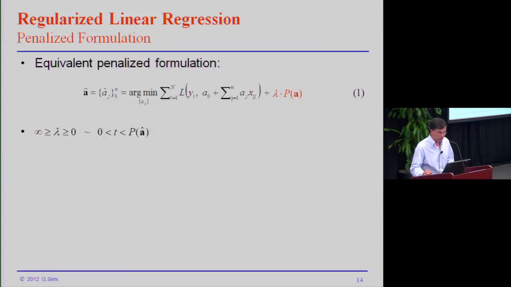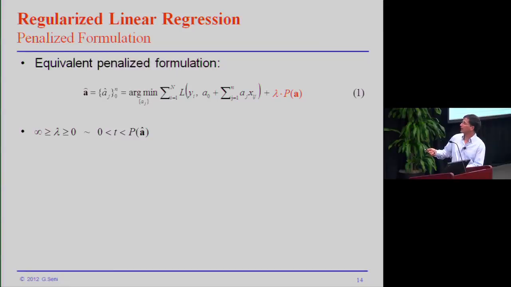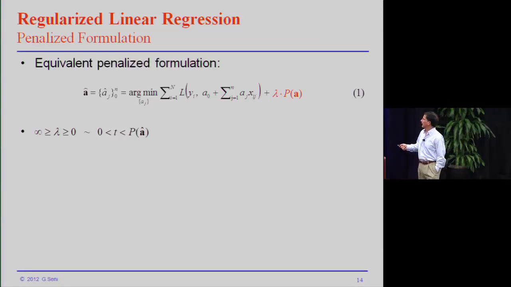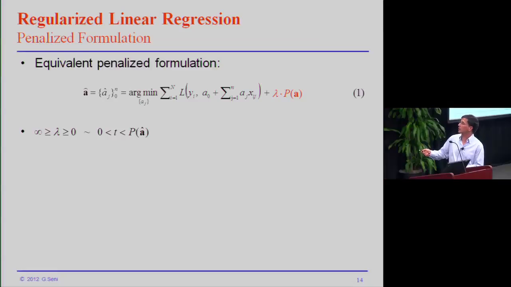Now, the constraint formulation has an equivalent penalized form where we are adding the penalty function to the criterion being minimized. And here, the complexity parameter lambda plays an analogous role to the complexity threshold T. When lambda is close to infinity, the penalty is maximum.